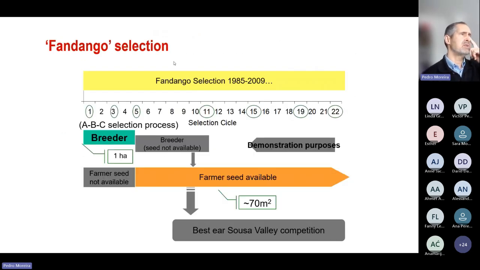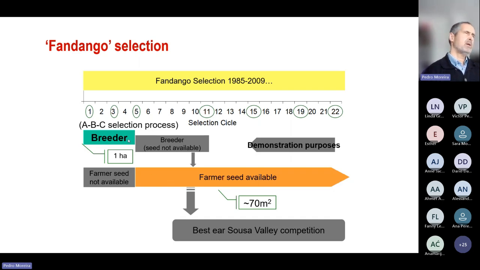And in terms of selection, what we can see here is that you have the PC selection process that we have mentioned before, and these first cycles were done by the breeder, and afterwards the farmer started to make the selection.